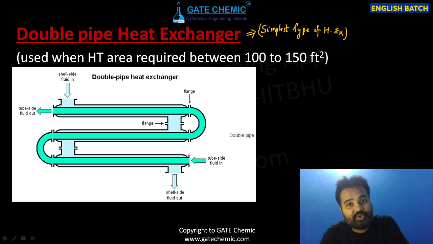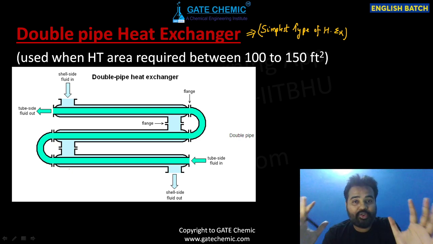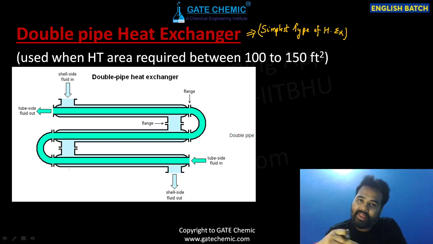But for the same higher value of surface area, we can use another type of heat exchanger. I am going to tell that name, that is the shell and tube heat exchanger. That heat exchanger will give us a larger value of surface area even for a smaller size.